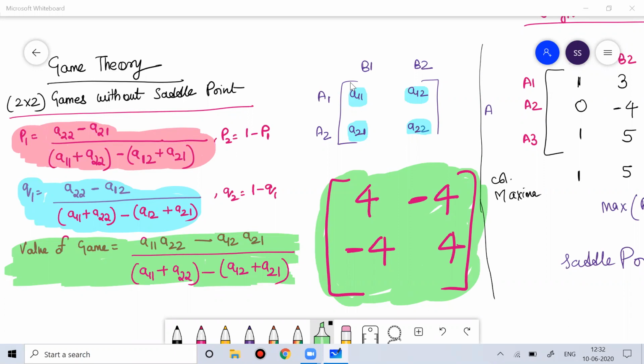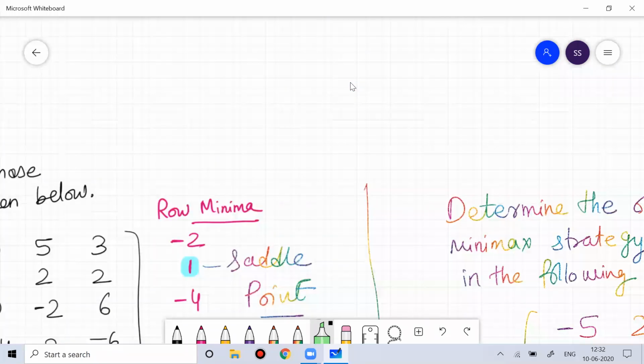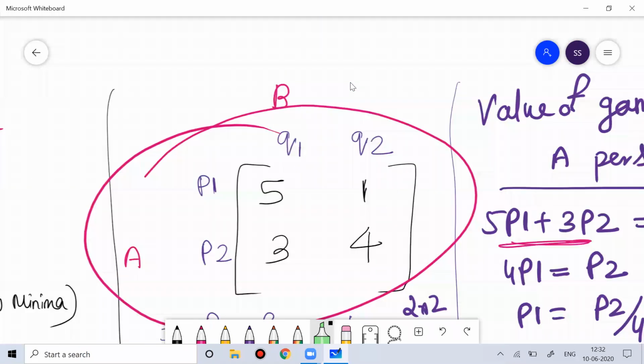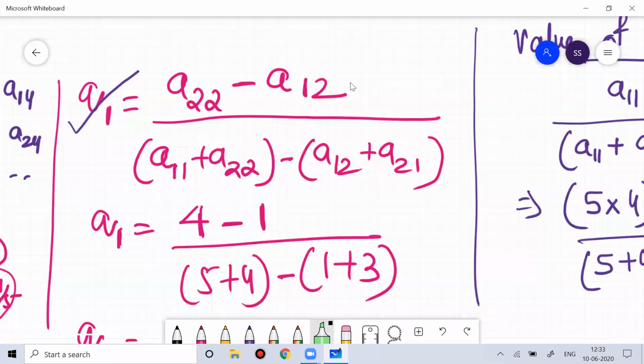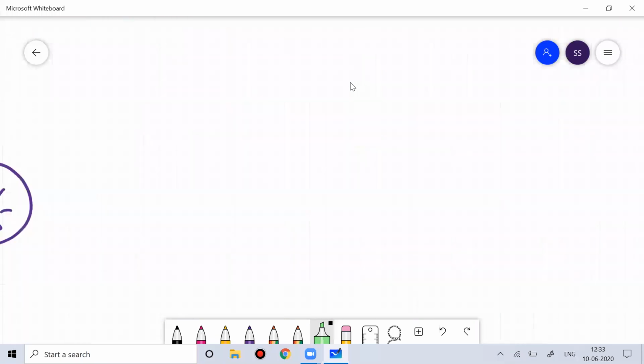Such an easy question. Guys, tell me the answer. What is the value of game? What is the probability attached with A and B? Since nobody is telling me the answer, I am solving this problem myself.